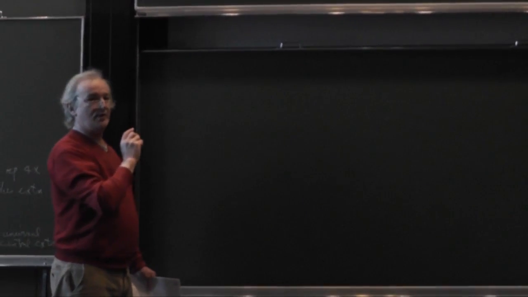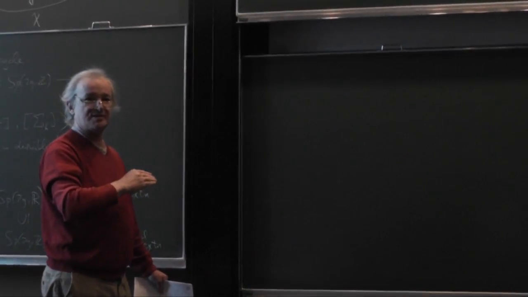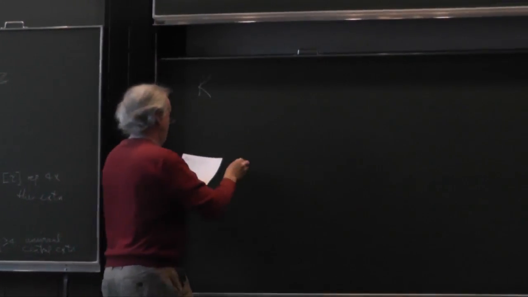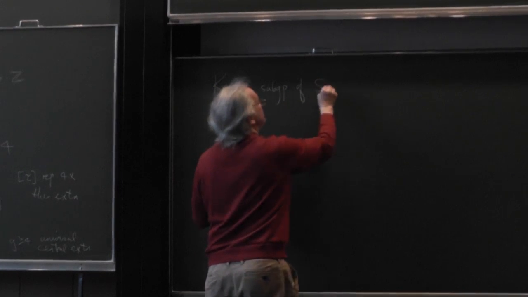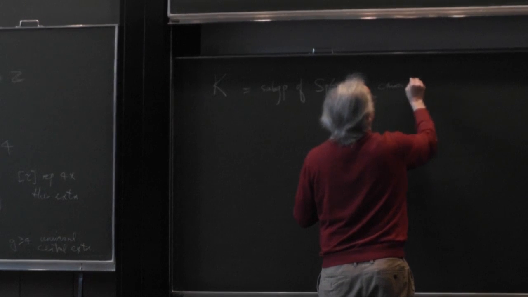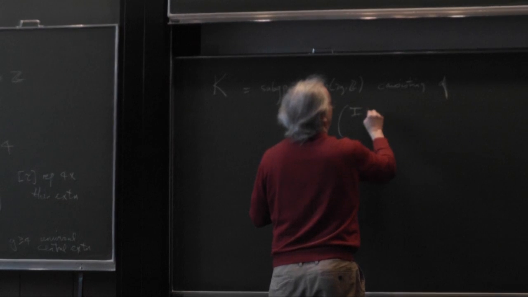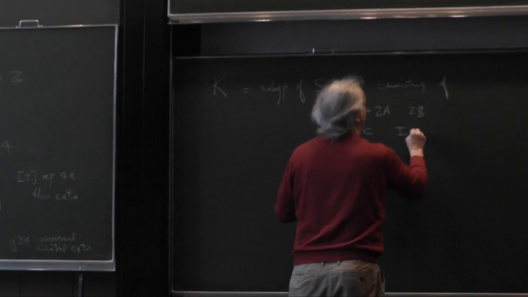And now I'm going to give you a definition of a subgroup of this Sp(2g, Z) of finite index, which is going to give us a quotient of interest to us. This subgroup is going to be K. So this is the subgroup of Sp(2g, Z) consisting of the matrices of the form I plus 2A, 2B, 2C, I plus 2D.